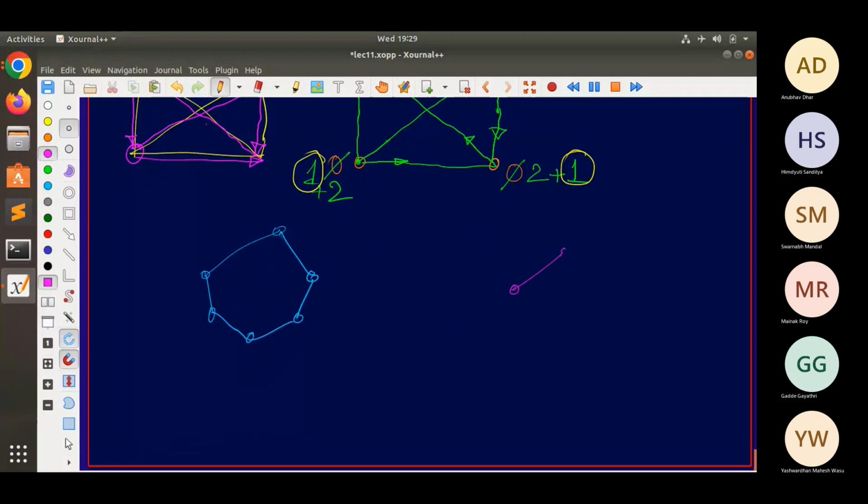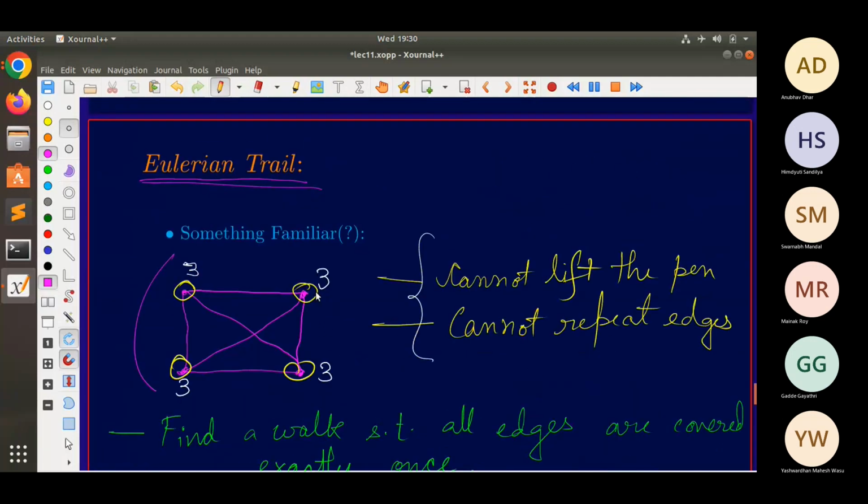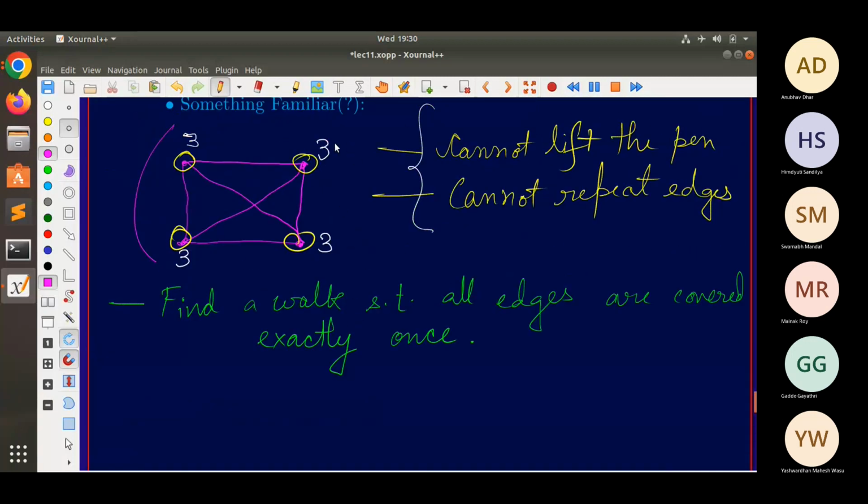Right. Okay. Now you can try to prove it in the other direction as well. So for all graphs that have two vertices having odd degrees and all other even degrees, you can actually draw them for all such graphs, right? We have proved the opposite, that if the number of nodes that have an odd degree is greater than 2, then it's not possible at all.